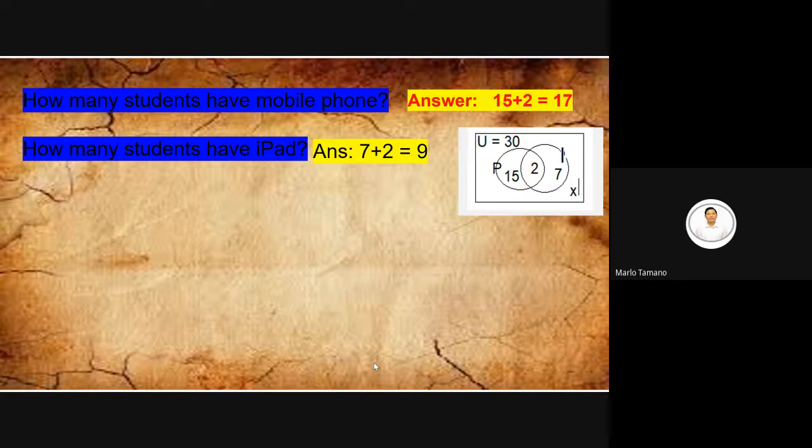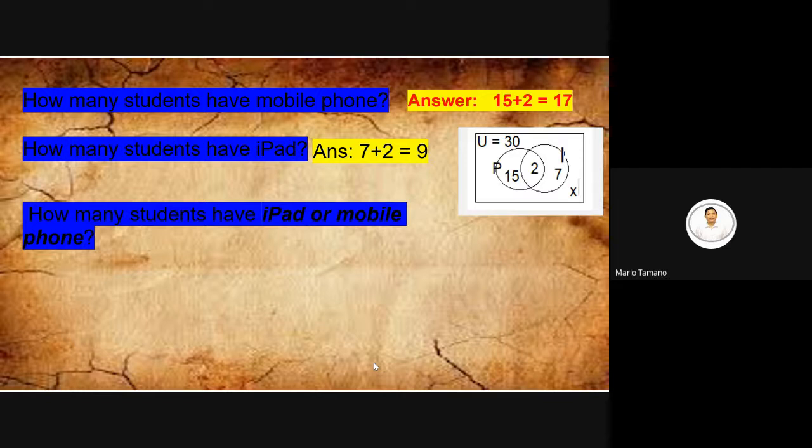Next question. How many students have iPad or mobile phone? So when we say or, that is what?